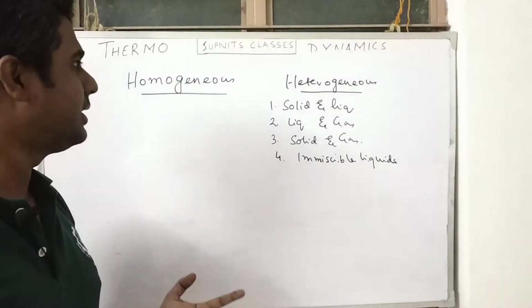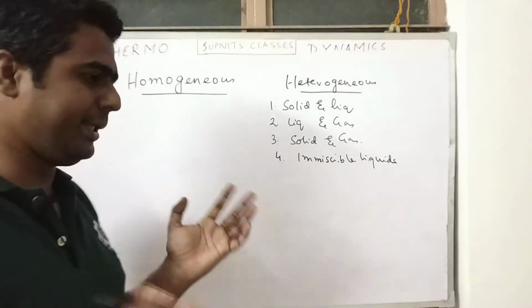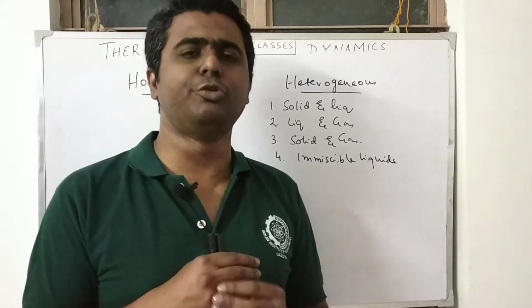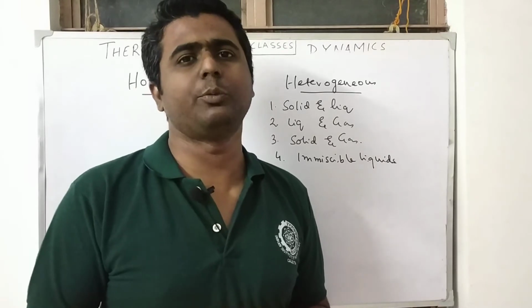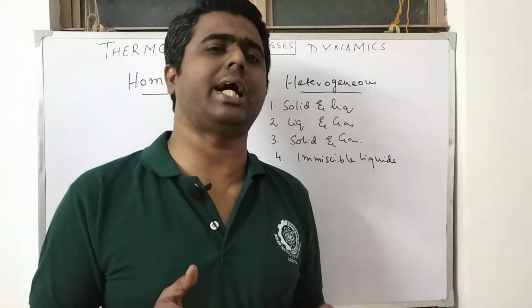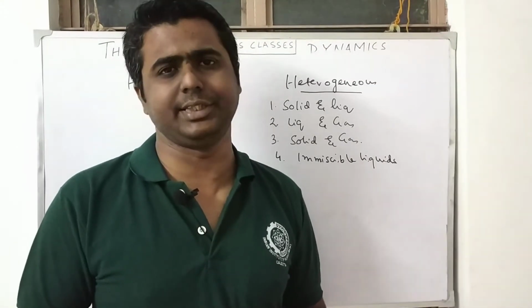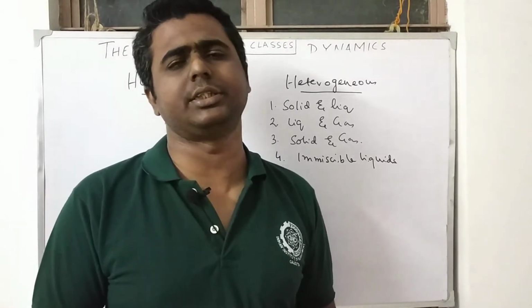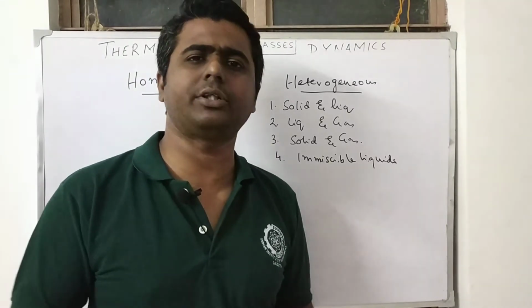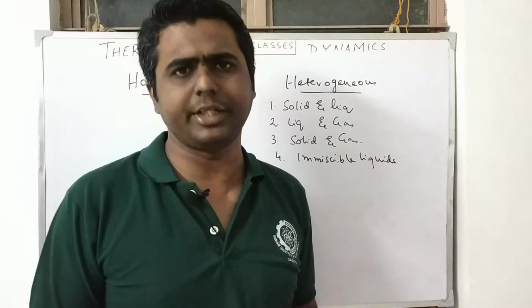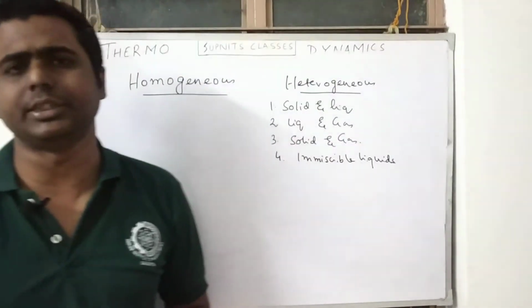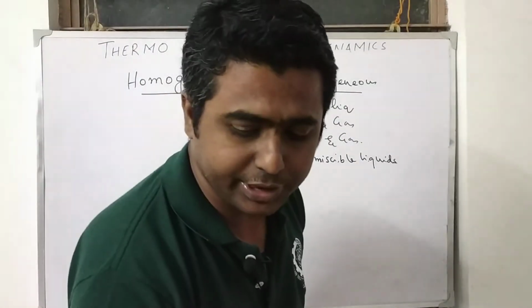And if there is complete mixing between two fluids or two solids, in which case mechanically I cannot separate those two things, then it is called a homogeneous system. Like mechanically I cannot separate nitrogen from oxygen, right? So it is a homogeneous system, it is not a heterogeneous system.